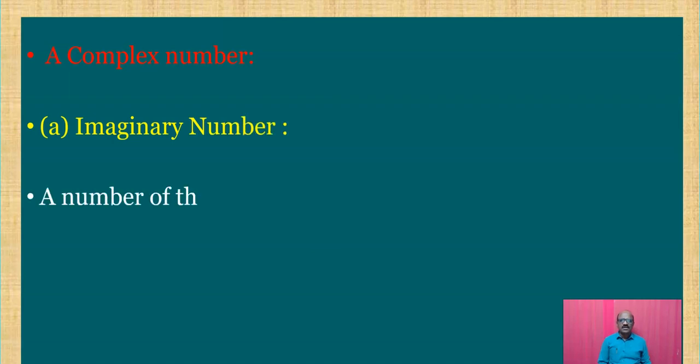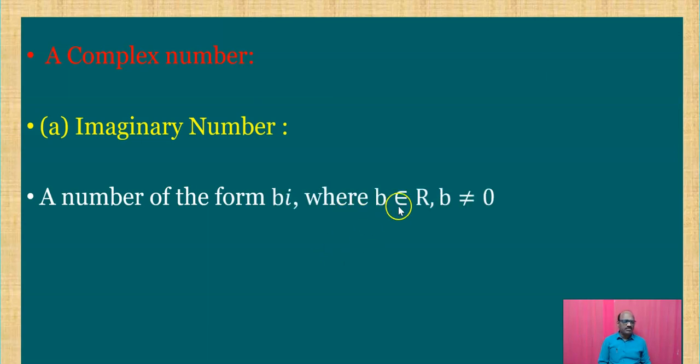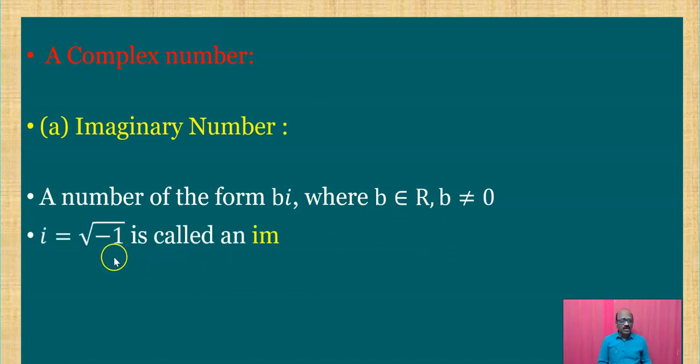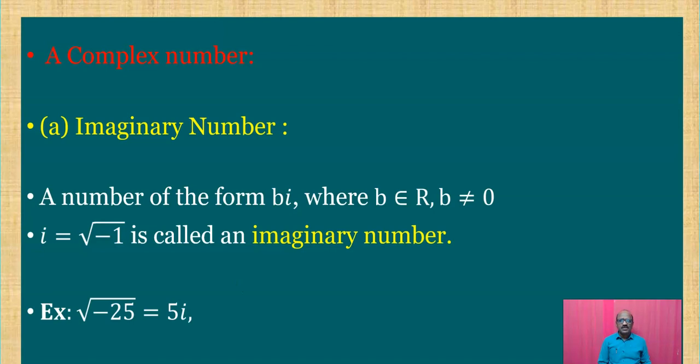Now see this here, an imaginary number: a number of the form bi, where b belongs to the set of real numbers and b is not equal to 0. i equal to root of minus 1 is called an imaginary number. Example: root of minus 25.